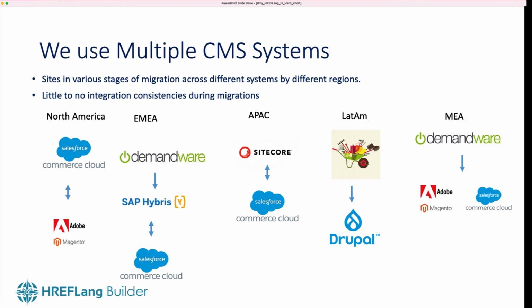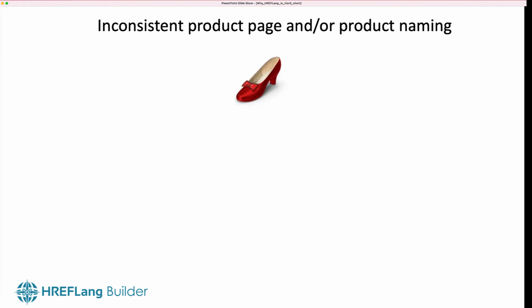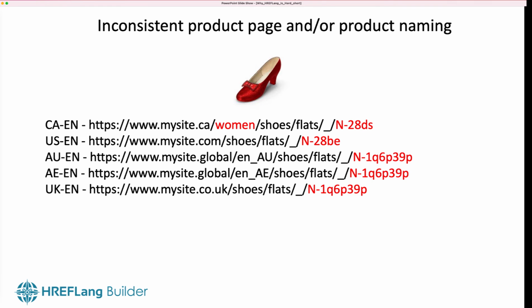But the key point here is, as you do any update, try to make sure you adopt as consistent a structure as possible. The big one after site infrastructure is really our products, and it's just a function of we try to make our website match our product portfolio. In this example, Red Slipper, we can see in red all the things that are different by market.